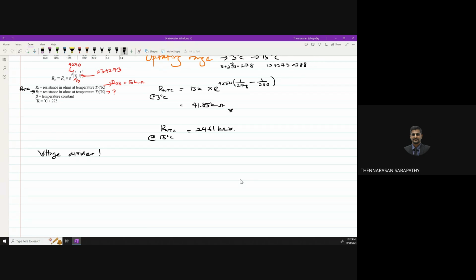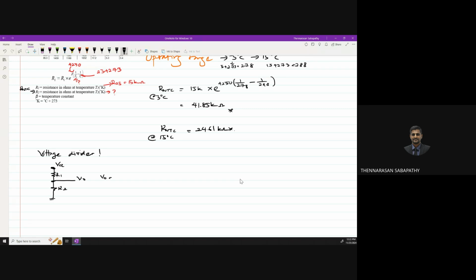Okay, so just to recall the voltage divider, you will have two resistances with the power supply, R1, R2, then you will have a V out.